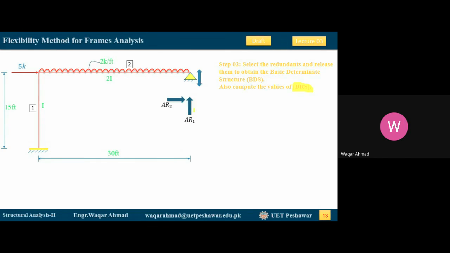AR1, which is acting upward, AR2, which is acting towards the right horizontally. Now you can choose this AR1 to be acting downward also. You can choose this AR2 to be acting leftward also. This totally depends on your choice. So you can choose it pointing upward or downward, leftward or rightward.